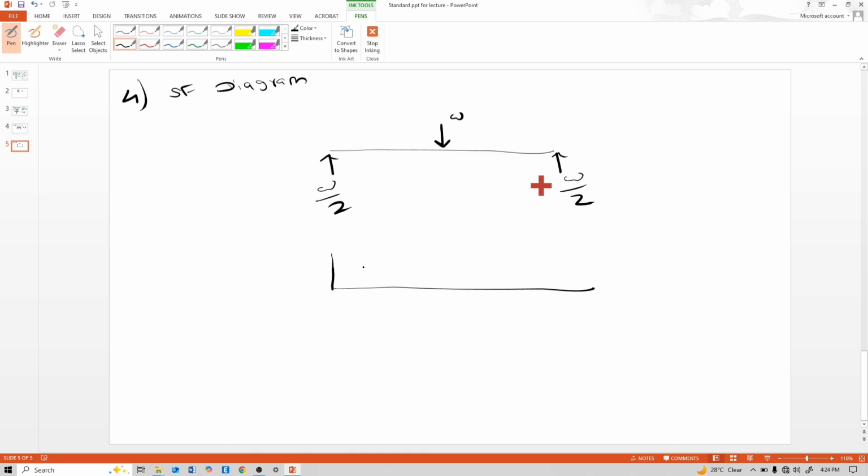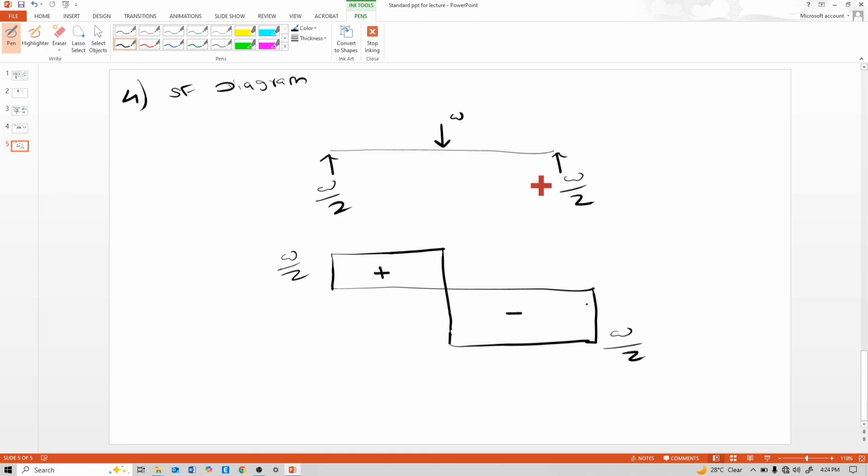Now there is no loading, so the shear force is a straight line. Here the load is downward, so it goes downward. This W is greater than W by 2, so it is downward, minus W by 2, so it is straight, and again upward W by 2. So this is positive, this is negative, this is W by 2, this is W by 2.